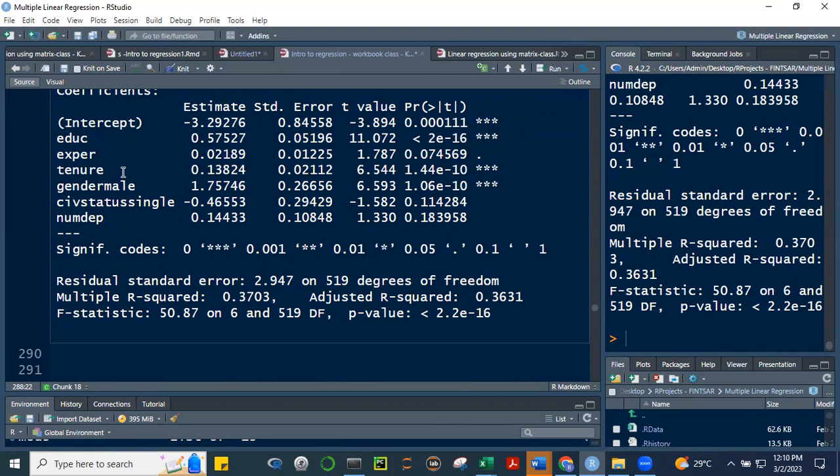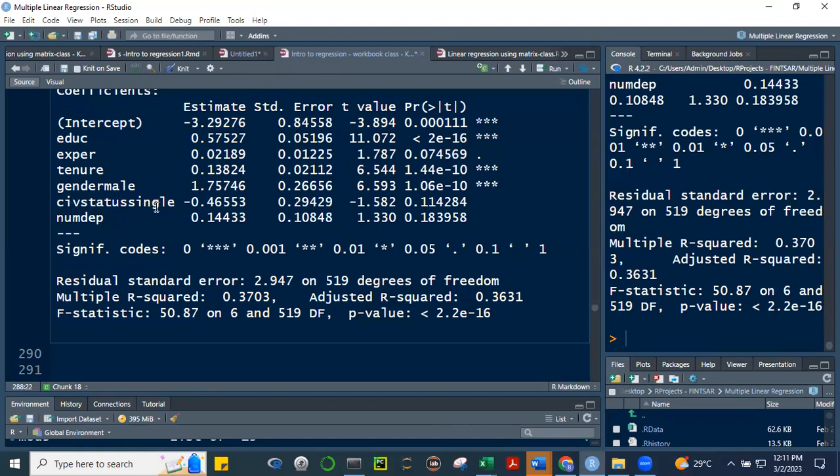Let's assume experience is significant. Assume na lang natin. For every 1 year increase in experience, there's a corresponding 2 centavos or $0.02 increase in hourly wage ceteris paribus. Tenure. For every 1 year increase in tenure, there's a corresponding $0.14 or 14 centavos increase in hourly wage ceteris paribus. No? Ito, 1.76. For male counterparts, on the average, receive $1.76 more than their female counterparts. Okay? All things being the same.